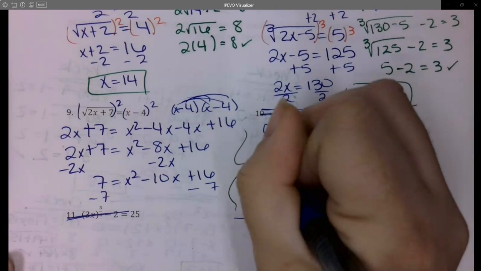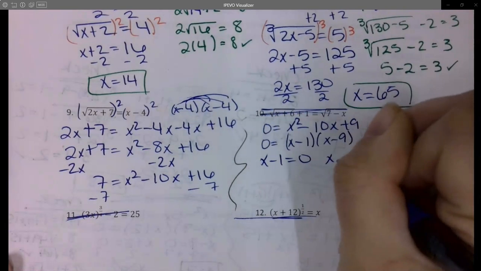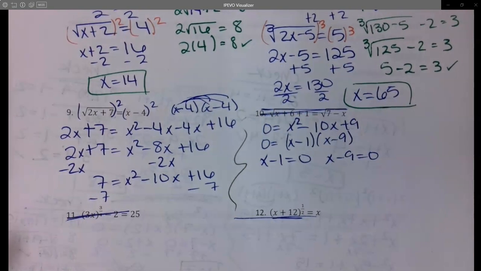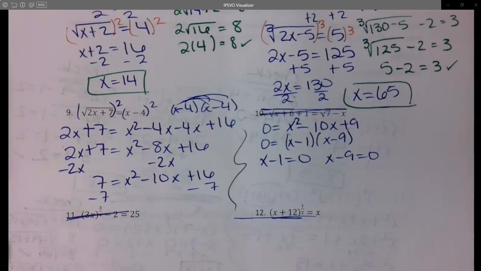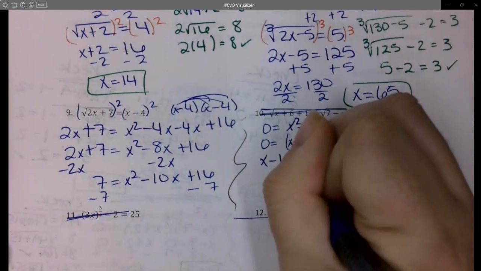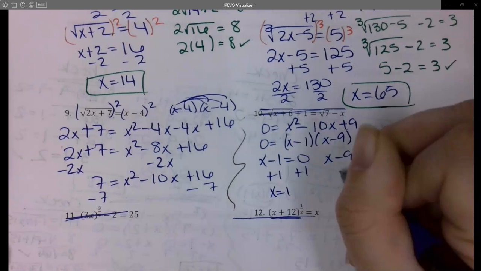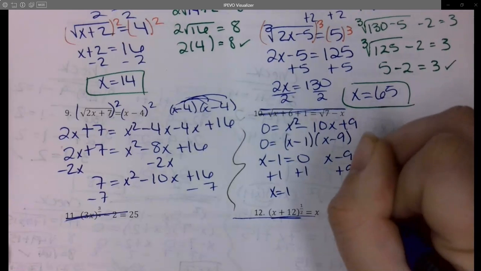Then I want to take those and set those equal to 0. On this first one, I add 1 to both sides to get x equals 1. On the second one, I add 9, and I got x equals 9.